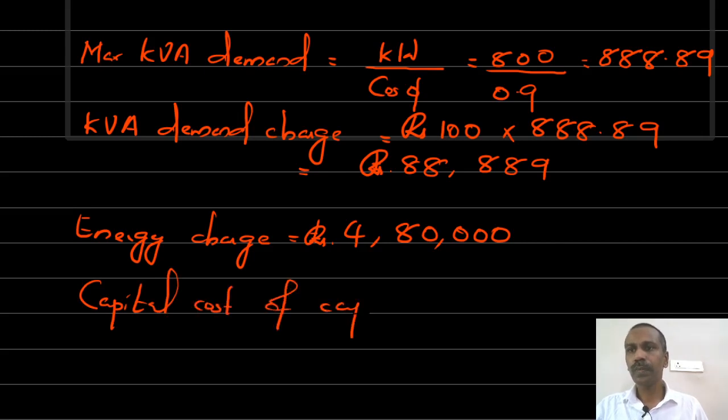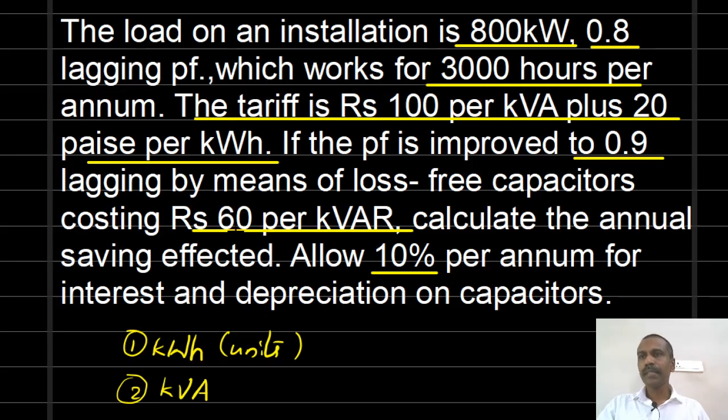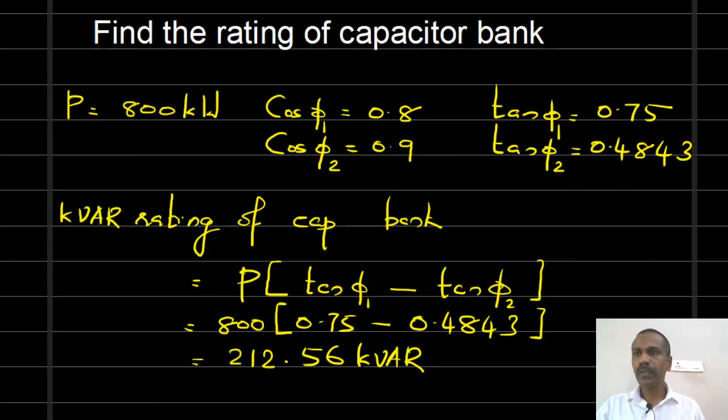Capital cost of capacitor bank. Look at the question. The cost of capacitor bank is rupees 60 per kVAr. What is our kVAr rating? It is 212.56.